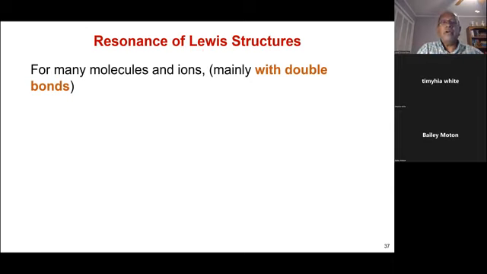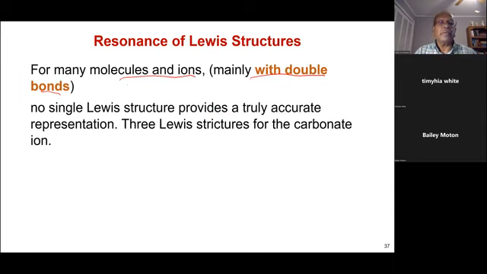For many molecules and ions with double bonds, this happens. For example, I'm going to give the examples. In this molecule, no single Lewis structure can provide an accurate representation.